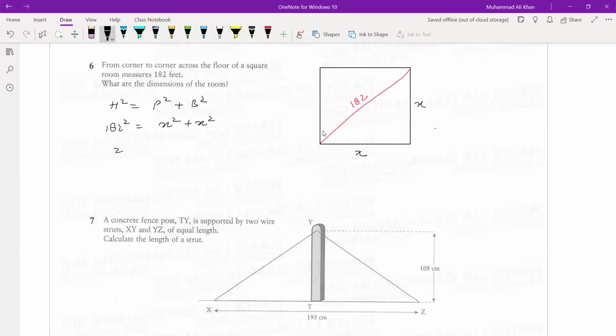Can I say that 2x square equals to 182 square is 33,124 divided by 2 is 16,562. And what is x by taking under root? 128.7. 129.